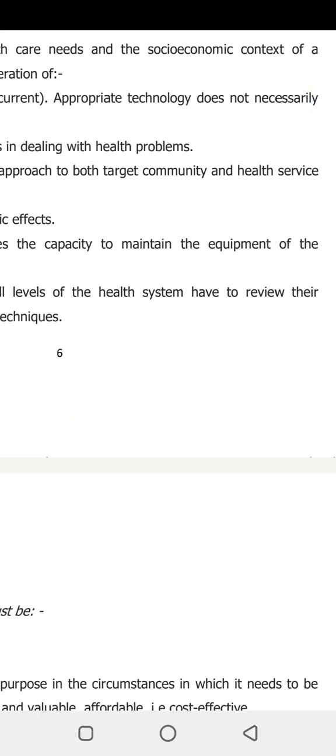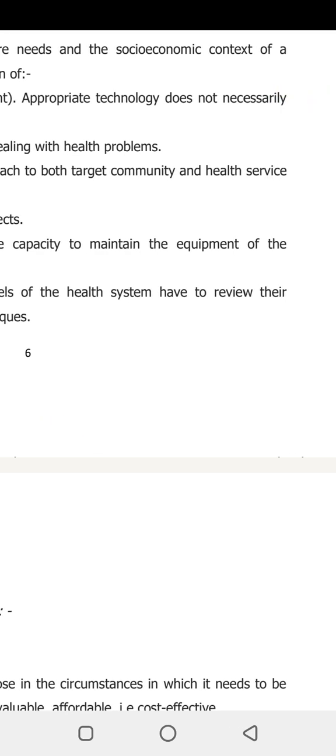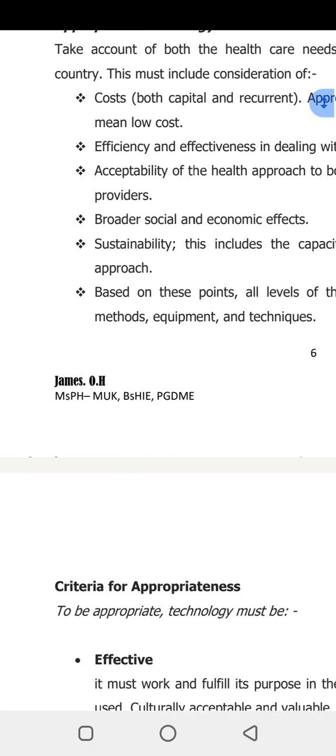Sustainability. Here I talk about the capacity to maintain the equipment of the approach. Yes, you're bringing a certain project at the community level, but how are these community members going to sustain it? Can they sustain this project without you? Can they sustain it even after your departure? That's what we mean by appropriate technology, a technology which is flexible.